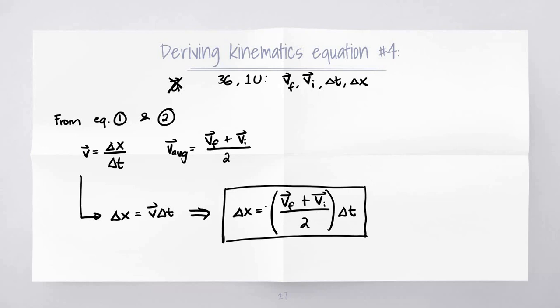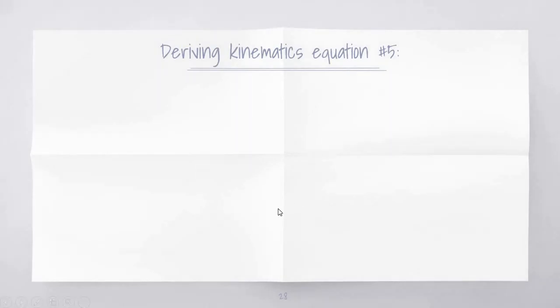Alright, so let's proceed with kinematic equation number 5. Just like what we did with equation number 4, we need to know first the importance of deriving another equation. This time we're not required to solve for final velocity, and in the problem we again have 3 givens and 1 unknown.